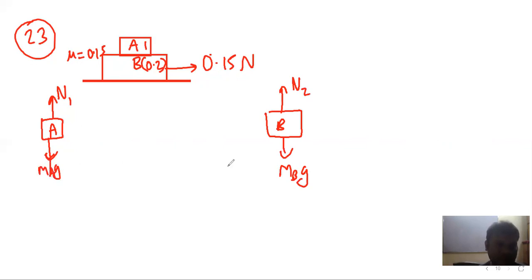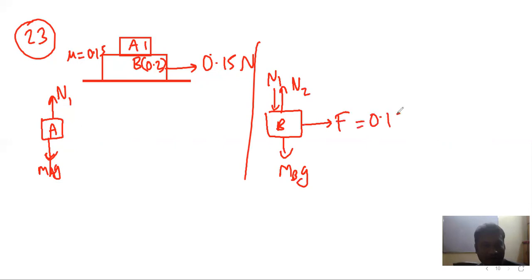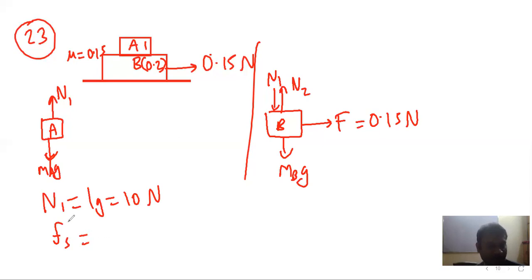Here we have MAG, here we have MBG, and normal reaction N1 in the downward direction. Then we also have a horizontal force F on block B. Now, from this diagram, I can say N1 is 1G, which is 10 Newton, and the static friction maximum value.